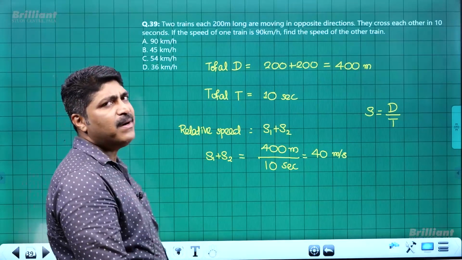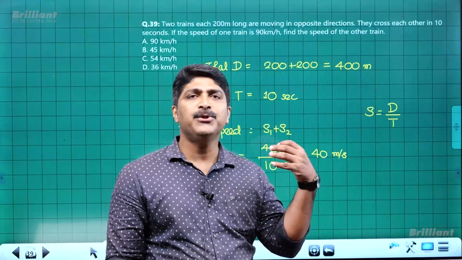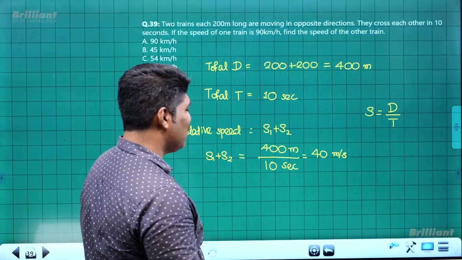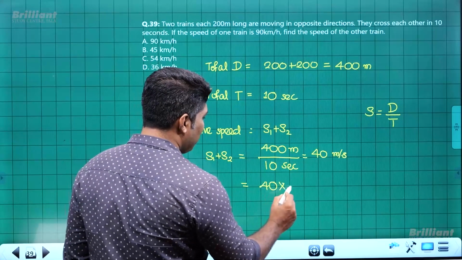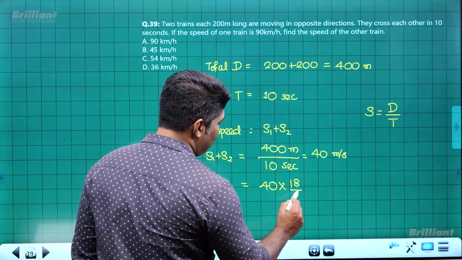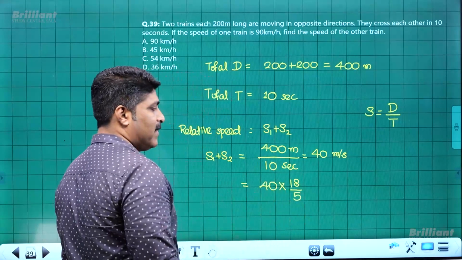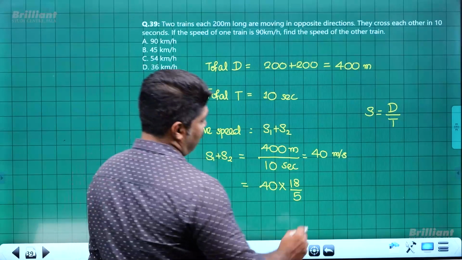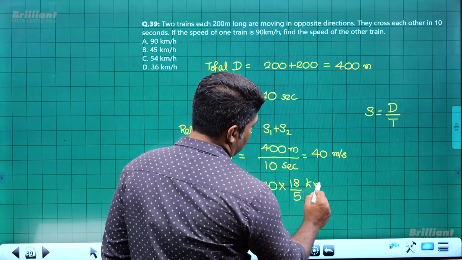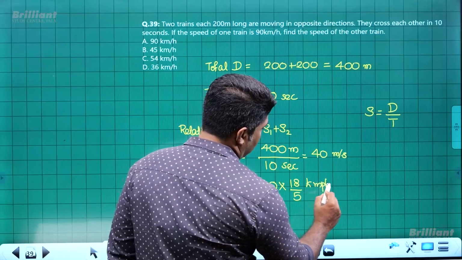How can we convert meters per second into kilometer per hour? We convert it like this: 40 into 18 by 5. That's the conversion factor. This much kilometer per hour.